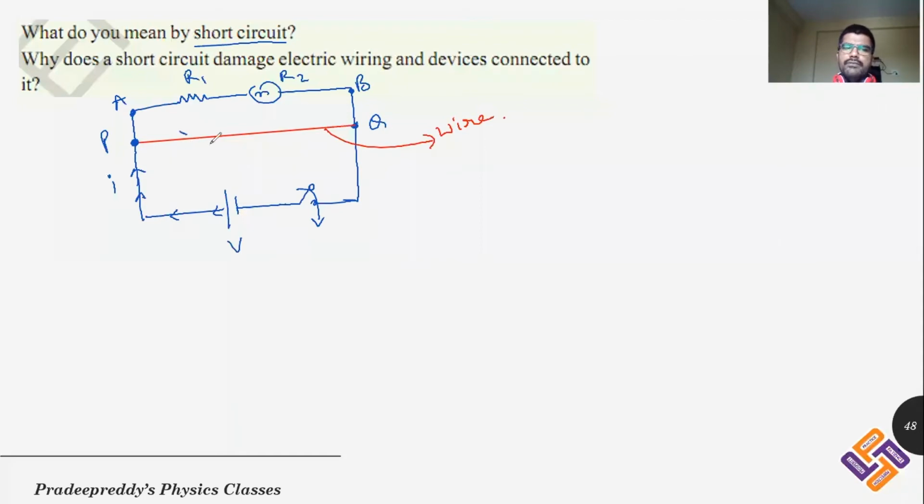One path is from P to Q and another path is from A to B. As PQ is connected with just a wire, the current always chooses the shortest and easiest path. PQ is just a wire, there is no resistance offered between P and Q. Therefore, the total current entering P travels from P to Q without entering AB.